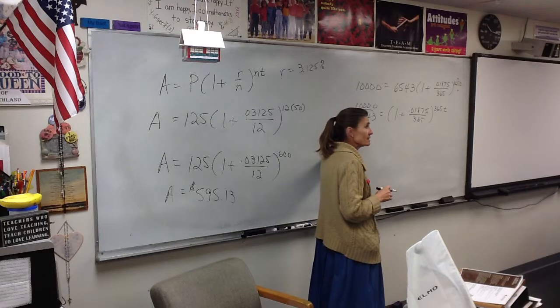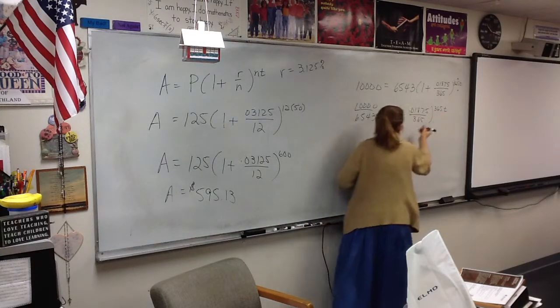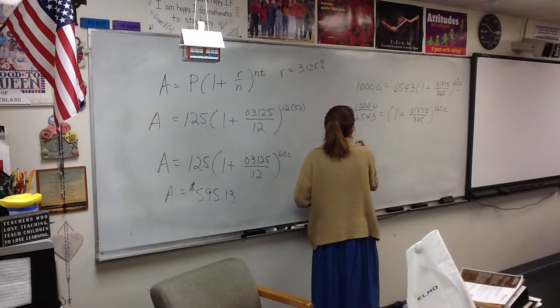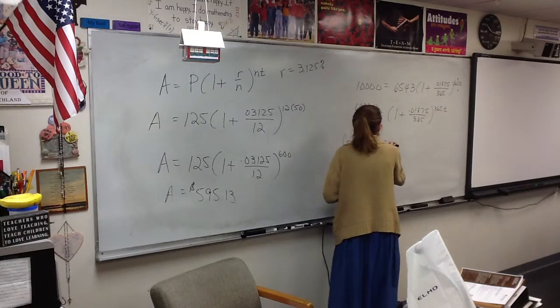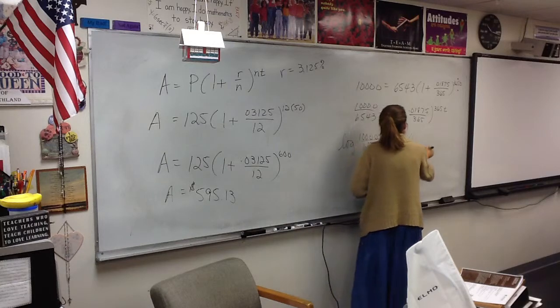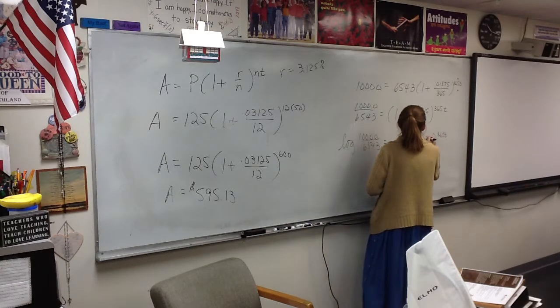I need to take the logarithm of both sides. This is where you have to take the logarithm because you've got to get him out of there. So I'm going to take the log of 10,000 over 6,543, and I'm going to take the log of this big parentheses to the 365t power.